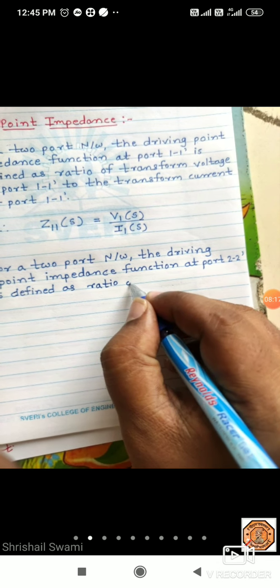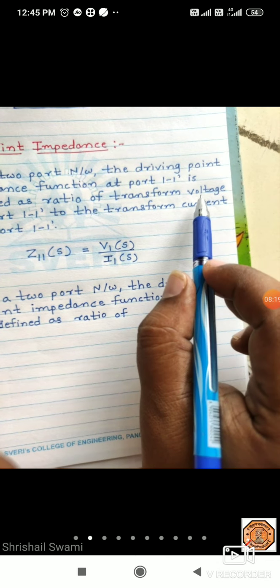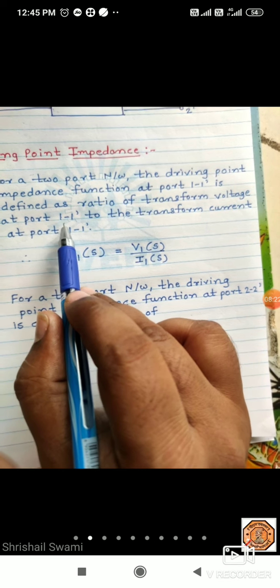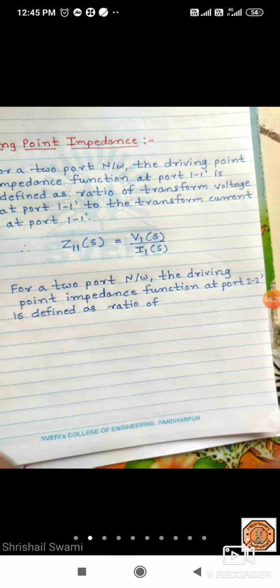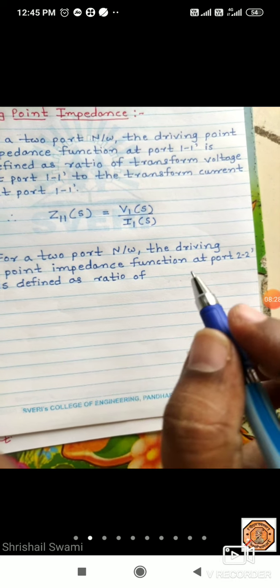Ratio of काय येणार आता फक्त ट्रान्सफॉर्म व्होल्टेज at port 2 dash to the transform current at port 2 dash. Okay, only this much will get changed.